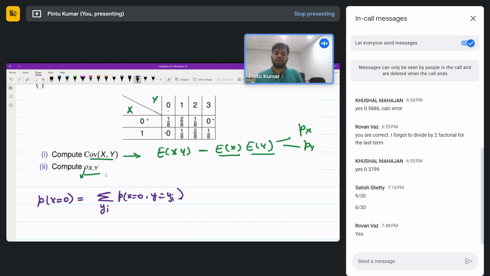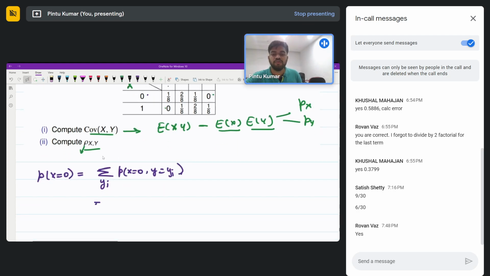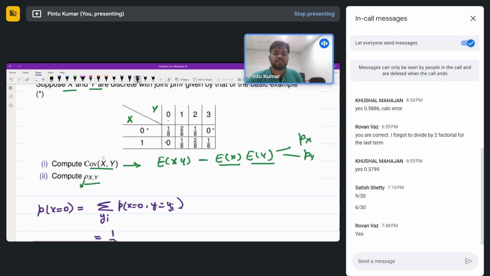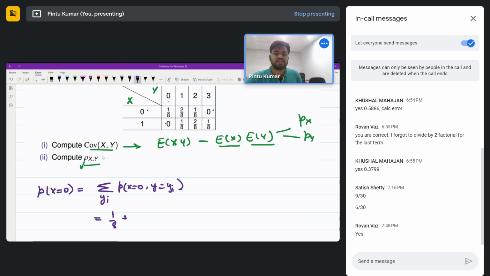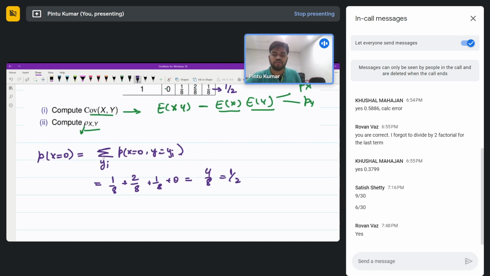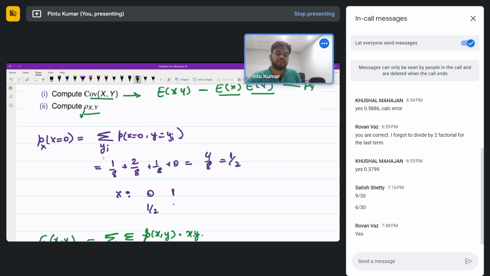So when x is 0 and y is 0, this will have 4 terms: 1 by 8, plus when x is 0 and y is 1, 2 by 8, plus 1 by 8, plus 0. This is 4 by 8, or half. In the table you can see this is the sum of this row, and this one would also be half. So the marginal distribution for x looks like this: x can take two values, 0 and 1, with probability half and half.